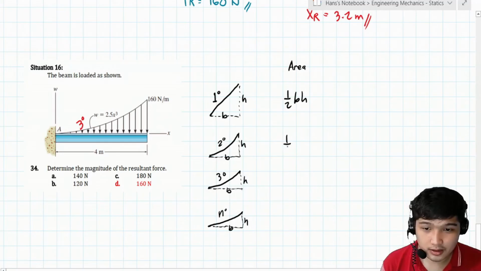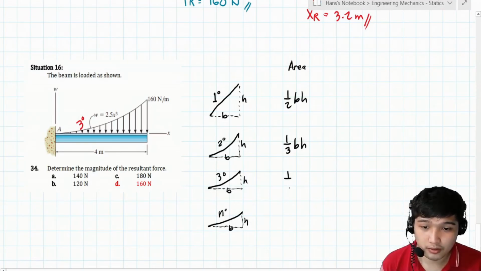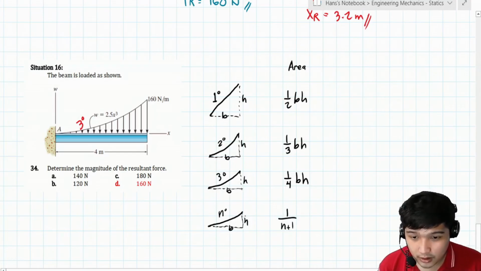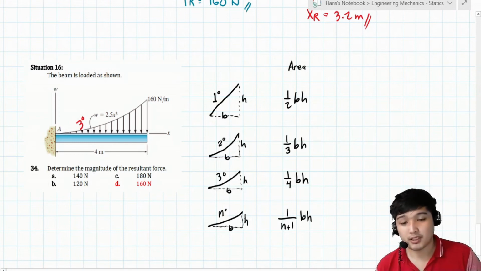Ano to class? Sabi nga natin parabolic, di ba? Spandrel. So, this one is 1/3 base times height. So, mararamdaman mo ng class yung total pattern nun. So, for a third degree, ito is 1/4 base times the height. So, for an nth degree na curve, so ito is 1 over n plus 1 times base times the height, no?